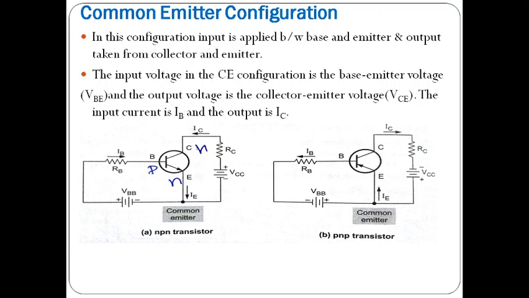Similarly, the positive terminal of the battery is connected to the N-type collector and the negative terminal is connected to the emitter. So the collector junction is in reverse bias and the emitter junction is in forward bias. Clear? Similarly, you can observe this in PNP also.